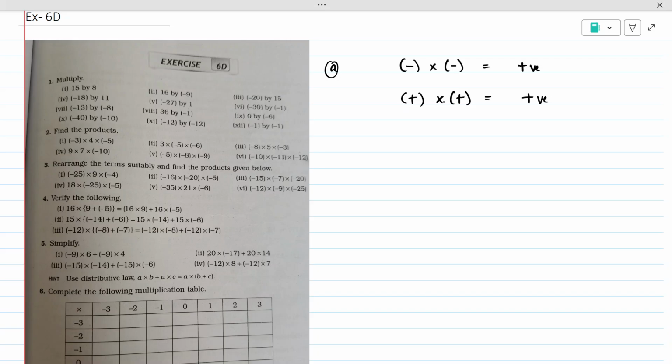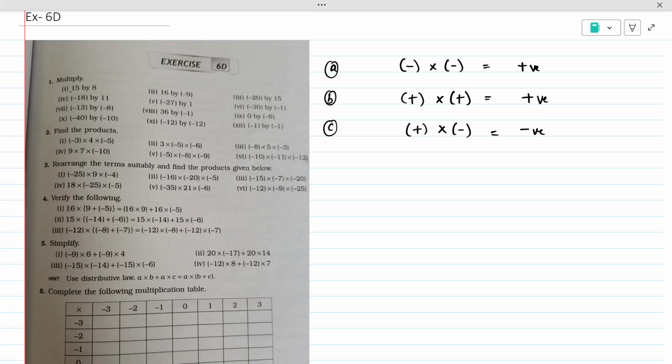So plus multiplied by plus will give us plus. And the last one is plus multiplied with a negative number, plus into minus will give us minus, a negative number. Okay, so keeping in mind all these three rules of multiplication, let us begin the exercise.